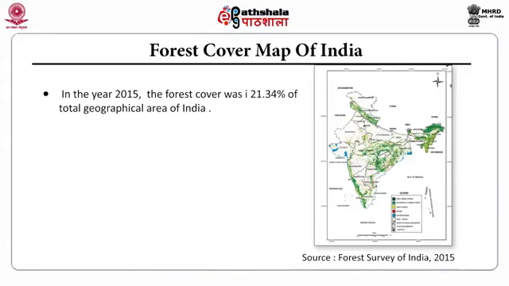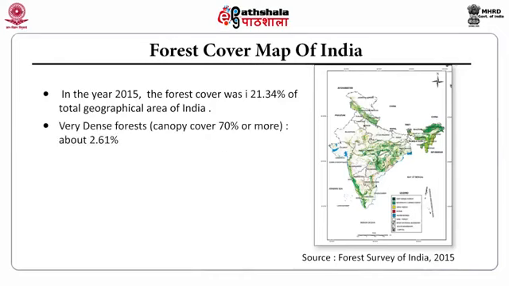The forest cover was 21.34% of the total geographic area of India. Very dense forests having canopy of 70% or more accounted for 2.61% of the forest area.